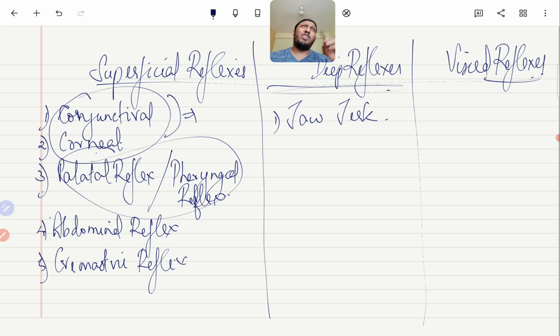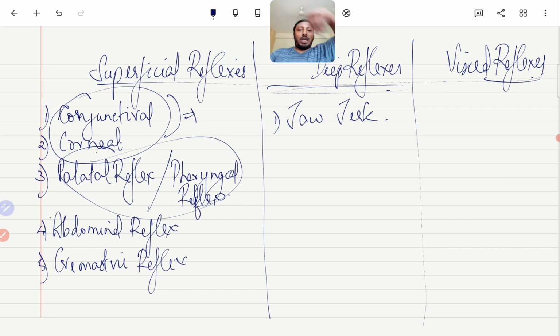If possible, we'll try and show you that. When somebody touches the palate, it will rise up, so that the food can go through. That starts that reflex. So that is what we mean by palatal and pharyngeal reflex.